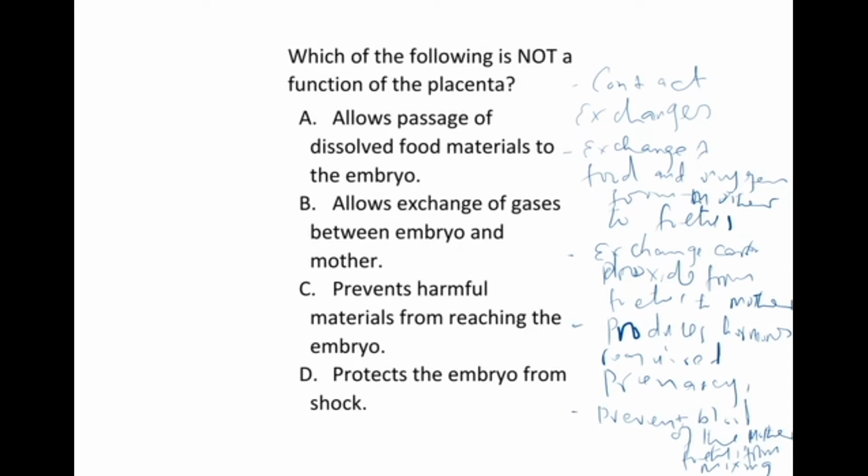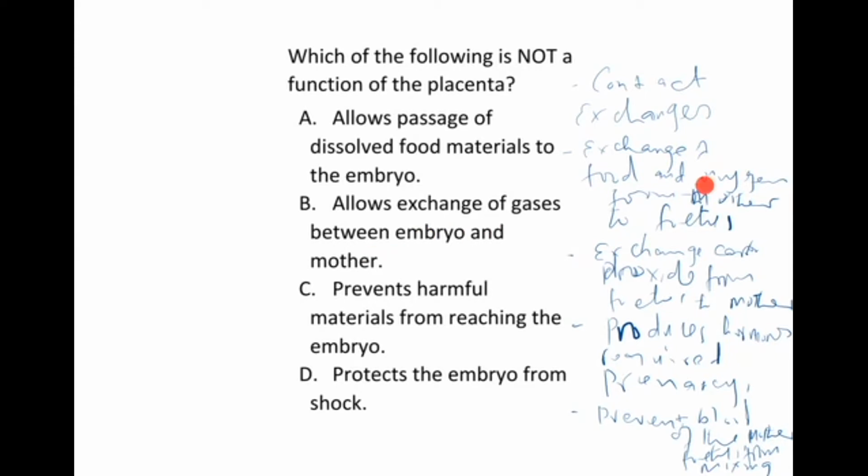So when we look at our choices there, A, allows the passage of dissolved food material to the embryo. That is correct according to our explanation there. B, allows the exchange of gases between the embryo and the mother.